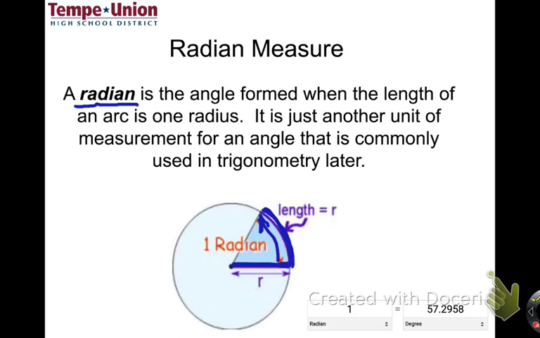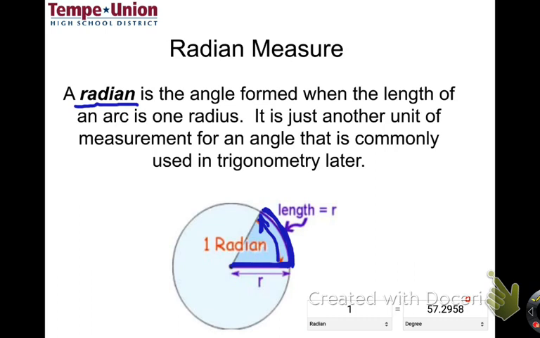Whatever that is, that's considered 1 radian for any particular circle. Now it turns out that that is a particular degree measure. So 1 radian does convert to approximately 57.2958 degrees, or we might say it's about 57 degrees for 1 radian, okay?